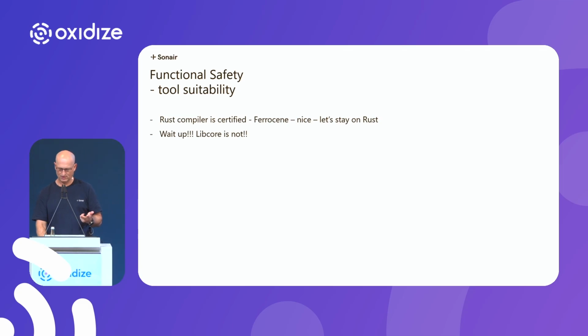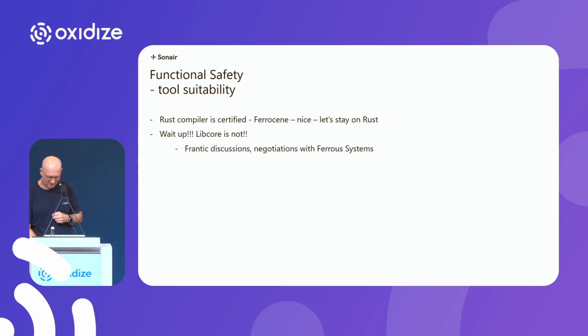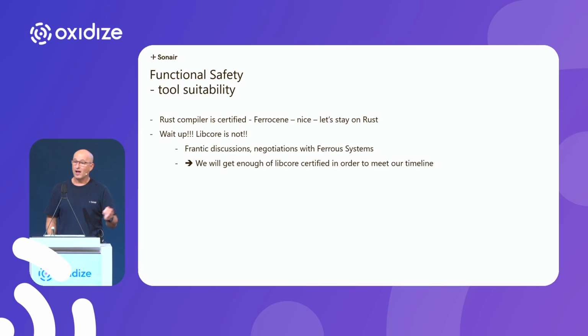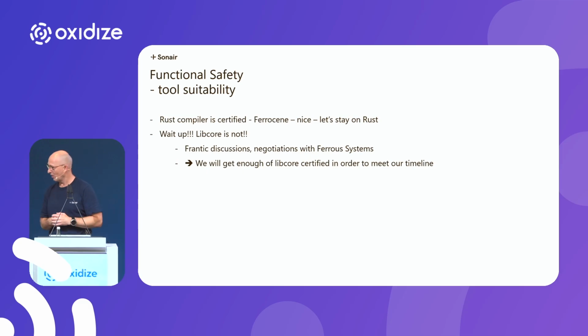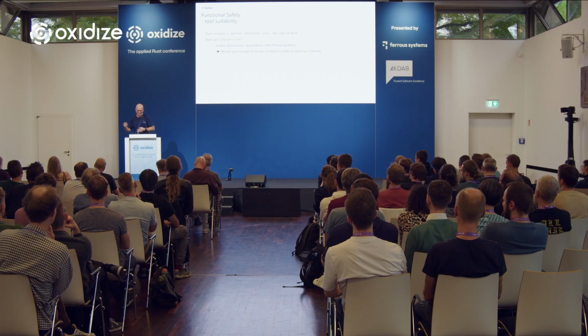Okay. So some frantic discussions, and then we called Ferrous, and they have certified a subset of libcore. I don't know if you got the certificate yet, but it's handed in. Very close. Close enough, and enough that we made an announcement about it. Exactly.